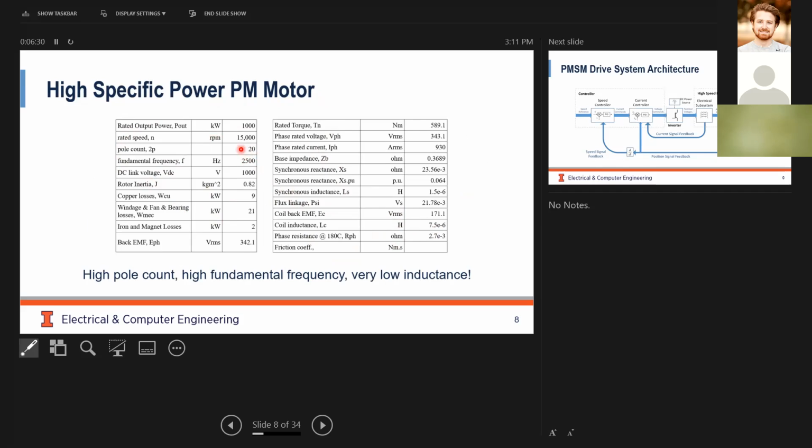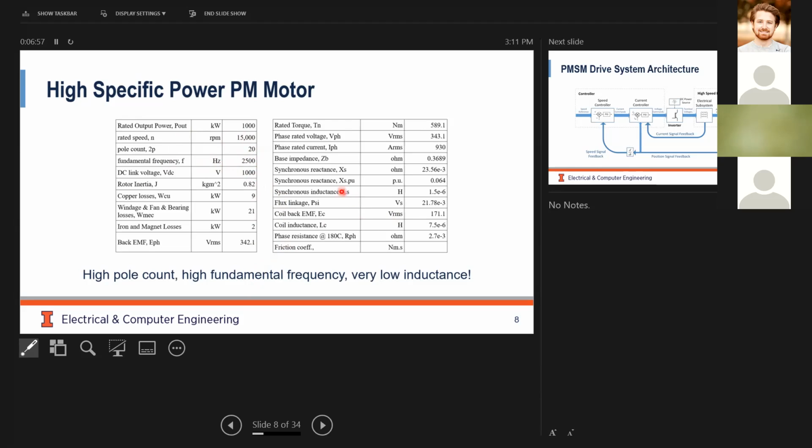It's 20 poles, a high pole count for this relatively high rotor speed. These two parameters combined give a very high fundamental frequency, which is 2500 hertz, or 2.5 kilohertz.